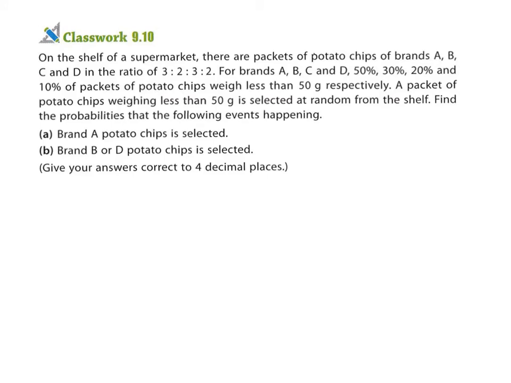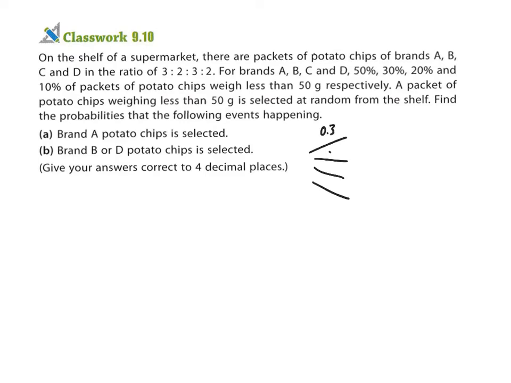Okay, so another example here. You can see that there are 4 brands of potato chips, and the ratio is this one. And then these are the percentage of potato chips that weigh less than 50 grams. And then we found a randomly chosen potato chip is less than 50 grams. Find the probability that it is from brand A. So it's pretty easy because you know that there are 4 cases.